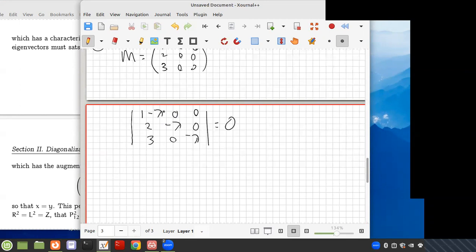There's a formula for expanding a 3x3 determinant. What you want to do is expand across a row or column where you have as many zeros as possible. Then you put plus, minus, plus across the top, right?